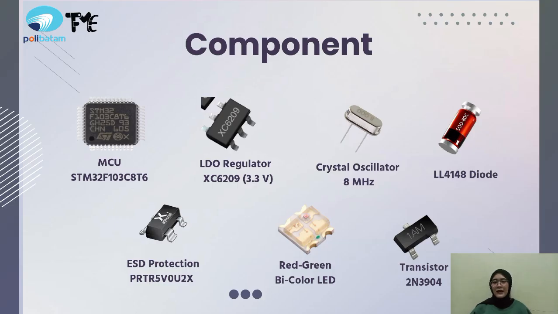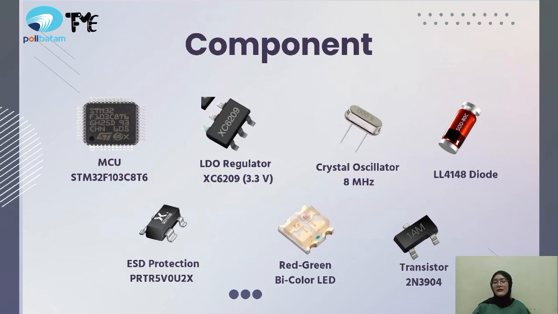Next is the XC6206 LDO regulator. It converts the input voltage into a stable 3.3 volts required by the microcontroller. Next is the 8 MHz crystal oscillator. It provides stable clock signals for accurate microcontroller operation.